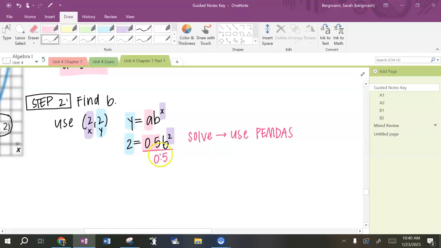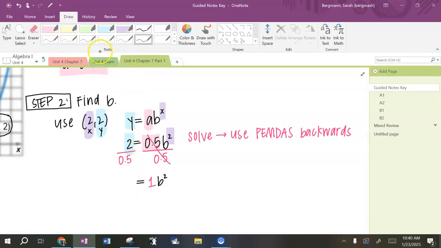Just like with linear, whatever you do on one side of the equal sign, you have to do it on the other side of the equal sign. So that will cancel out. 0.5 over 0.5 makes 1. But we know we don't need to write 1b squared. We can just write b squared.